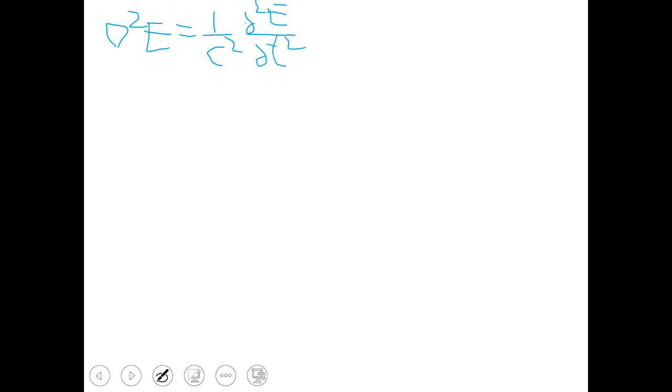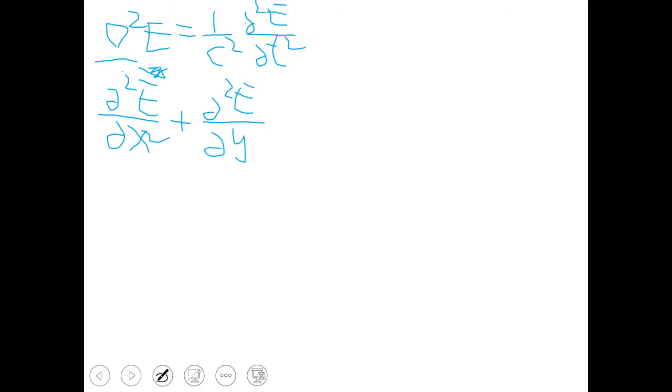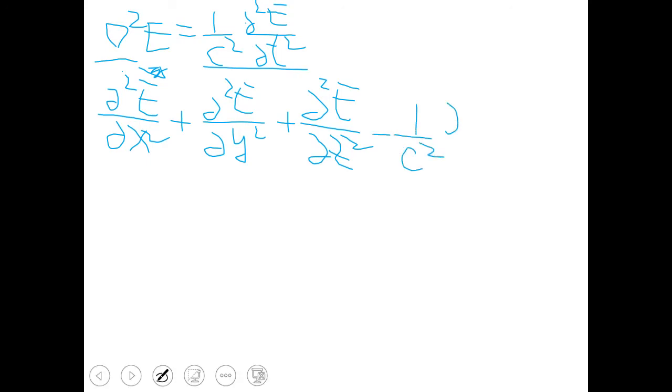So if we write the Laplacian in the XYZ domain, it will look like this. Of course E is a vector, but I just don't write more about it. So the Laplacian of E should look like this: second derivative of E with respect to x, y, z and sum them together. And we move this term to the left. It will be something like this.